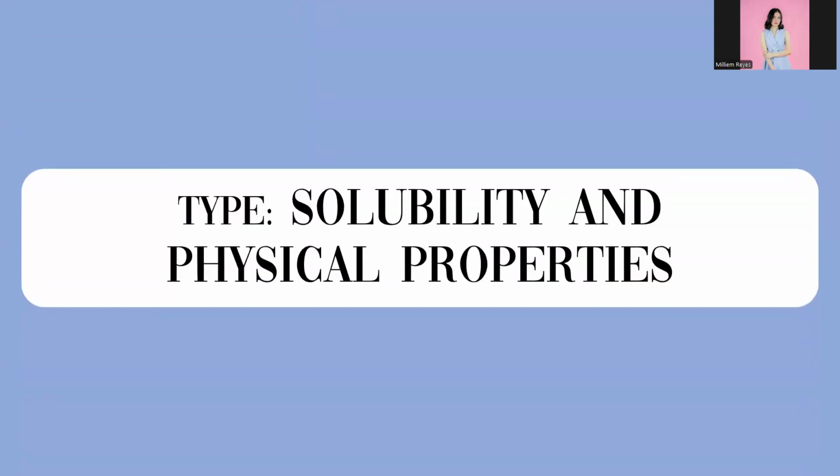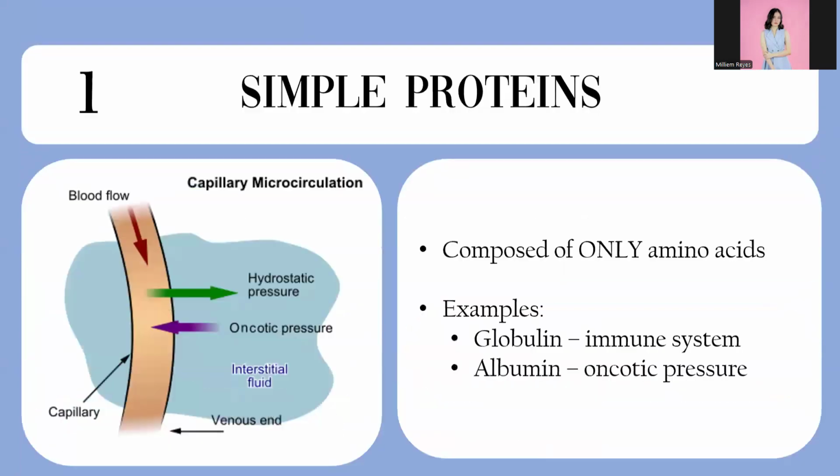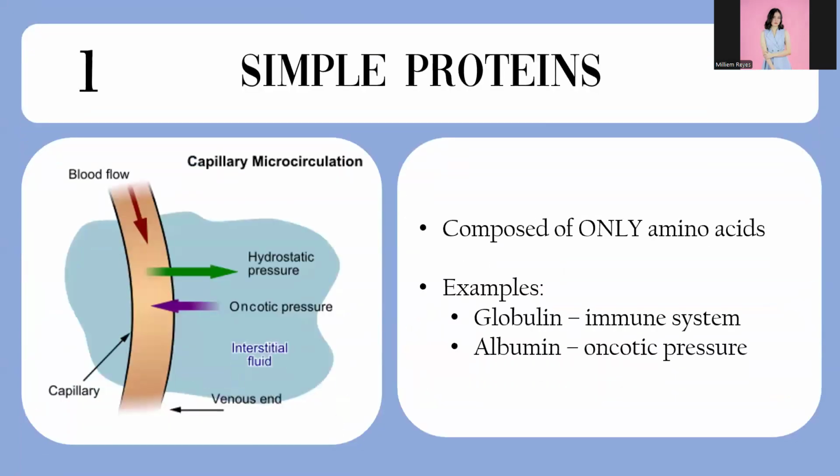So first up, let's look at the solubility and physical properties of the proteins and the different types based on these properties. So first off, we have the easiest ones, the simple proteins, and they're composed only of amino acids. So if a protein is only made up of amino acids completely, it is called a simple protein.